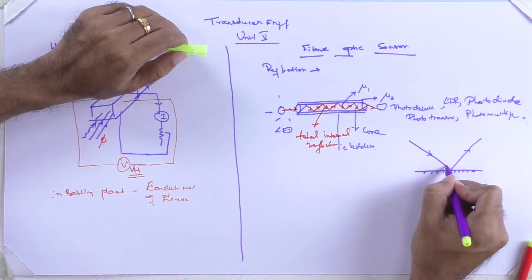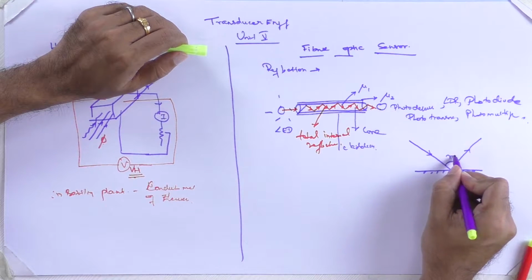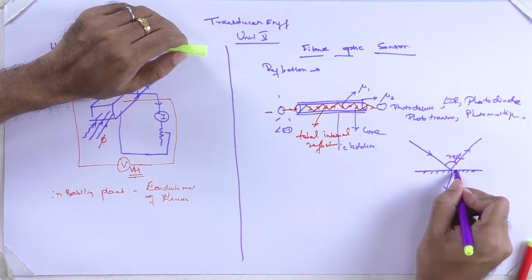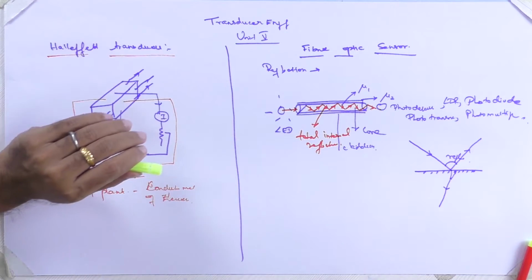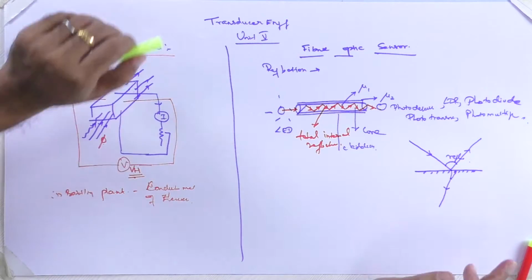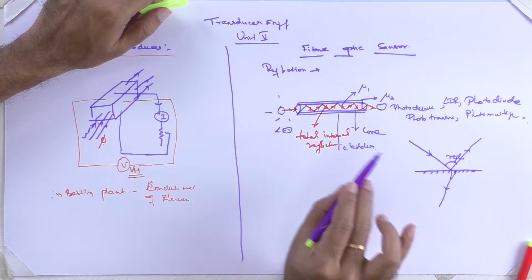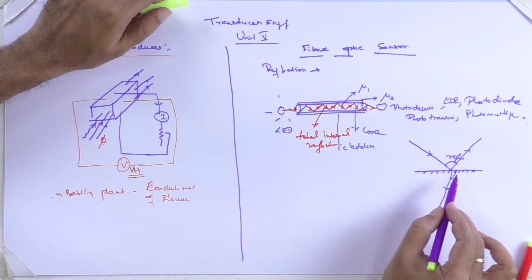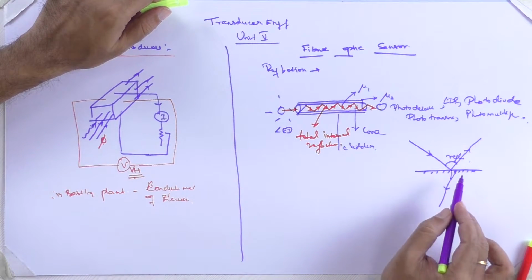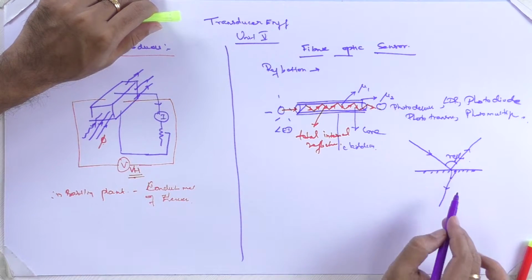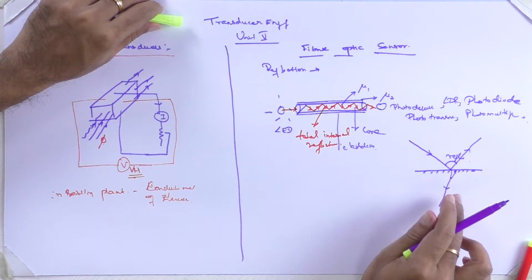Okay, this is the reflection angle and this is the refraction angle, and depending upon that we will have a loss, and we want to entirely send back all the reflected light to the back region and no refraction should happen.